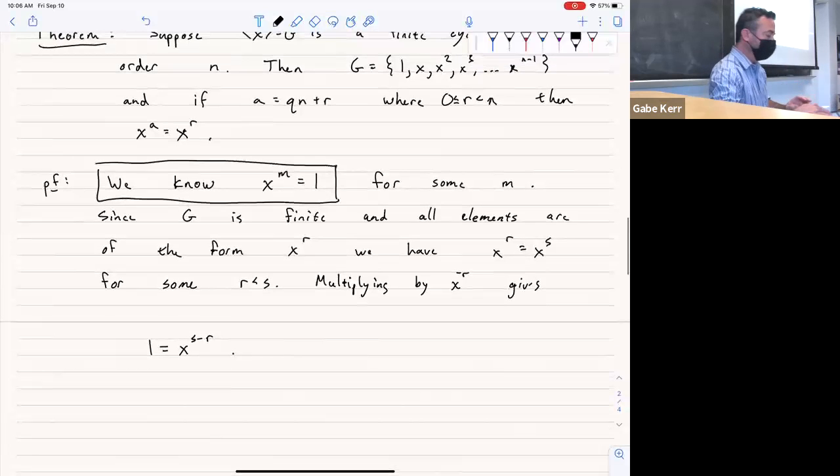So now I'm going to say, if we know that, let's call that number m. This is the argument to show that there is such an m. I'm sorry, let me say for some smallest number.